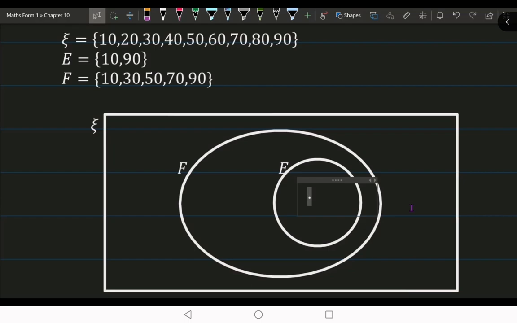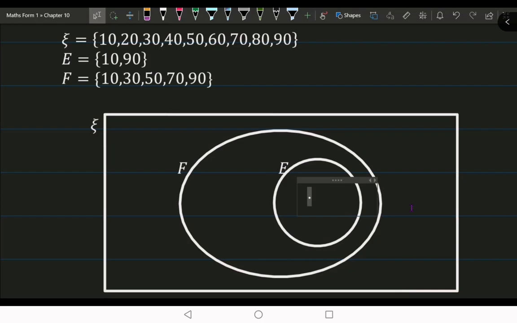OK, 20 is outside. That does not belong to F and E also. It's still in the universal set but outside of E and F. That means you need to have a dot before it. So 20.